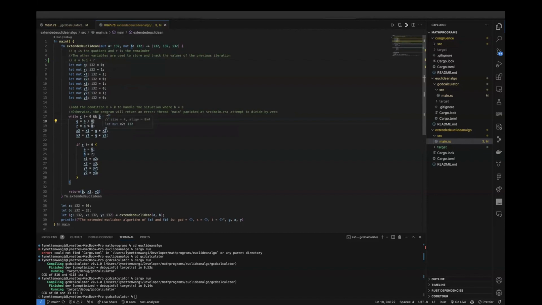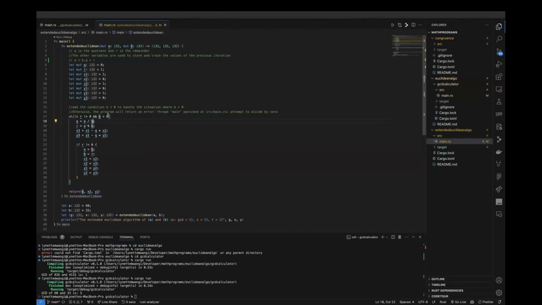At first we're initializing X1 and X2 with 1 and 0. Our X3 will not be read at first.